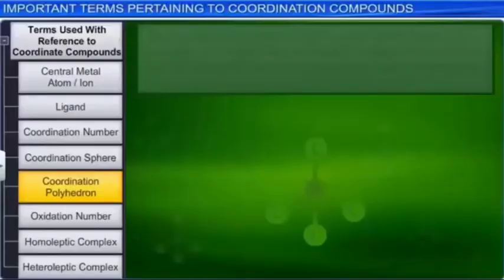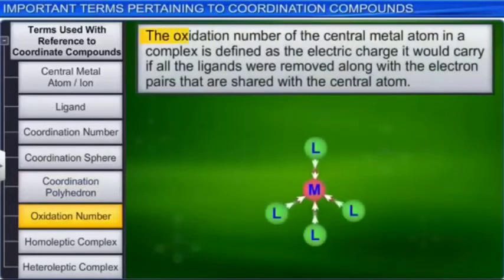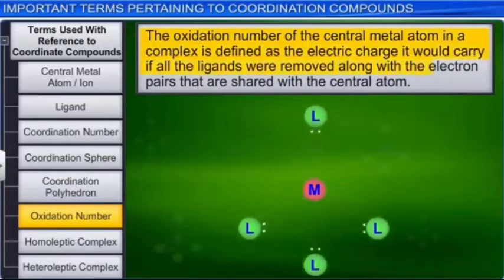One of the most important terms we often use is oxidation number of the central atom. The oxidation number of the central metal atom in a complex is defined as the electric charge it would carry if all the ligands were removed along with the electron pairs that are shared with the central atom.